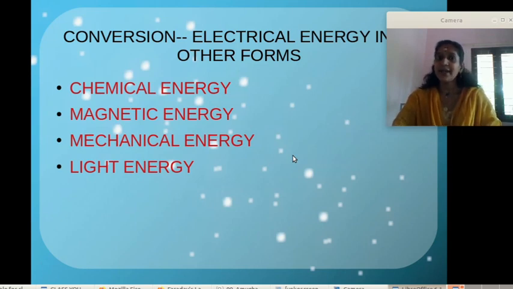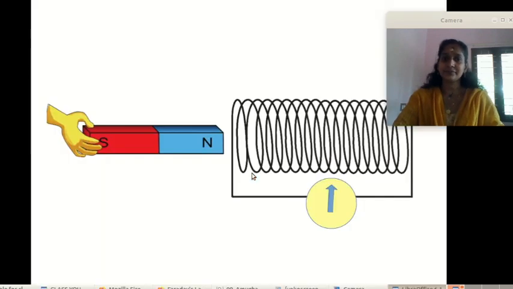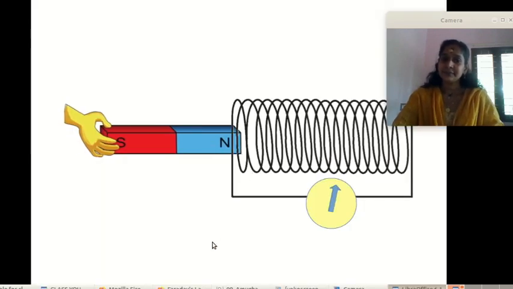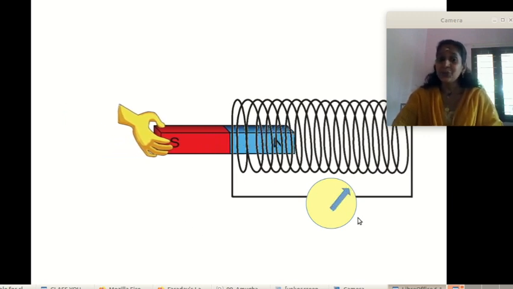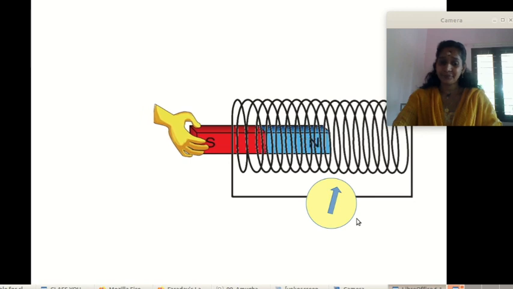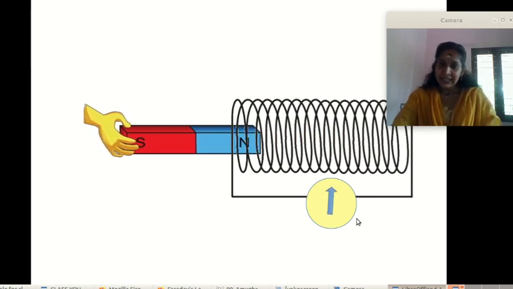We already told that electrical energy can be converted into various other forms: chemical energy, magnetic energy, mechanical energy, light energy, isn't it? When the north pole is inserted into the solenoid, the galvanometer deflects to the right, isn't it?